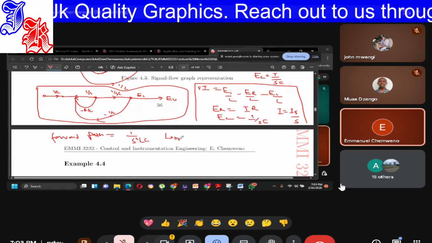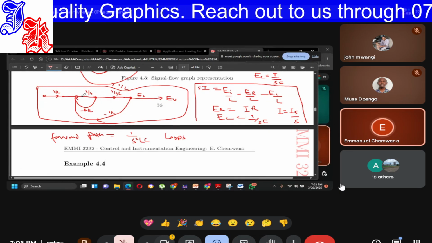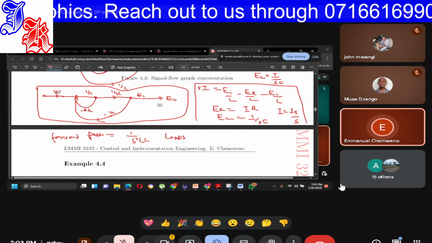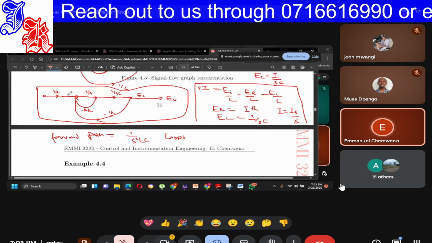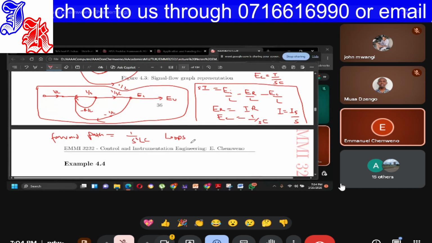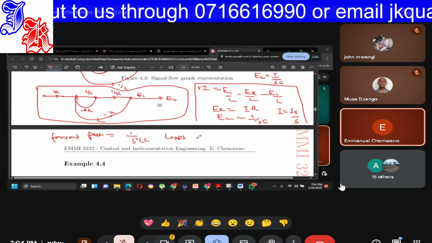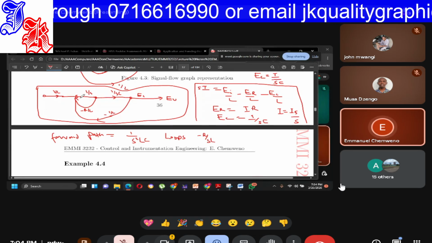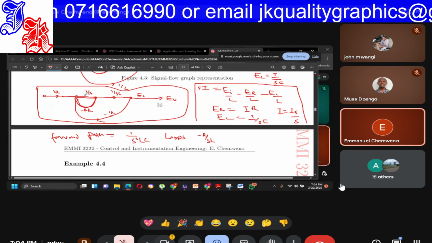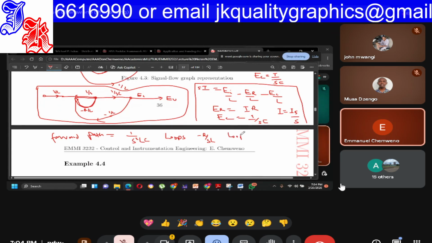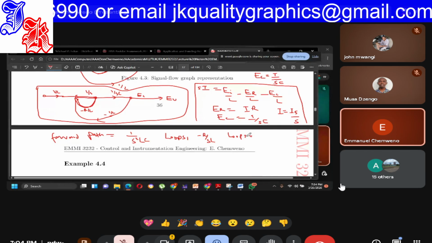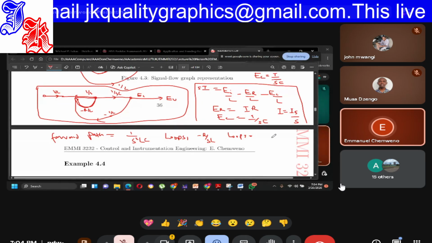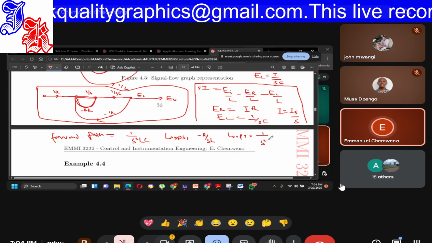Loops: I have one loop, negative R over SL. The outer loop, loop 2, is 1 over S squared LC.